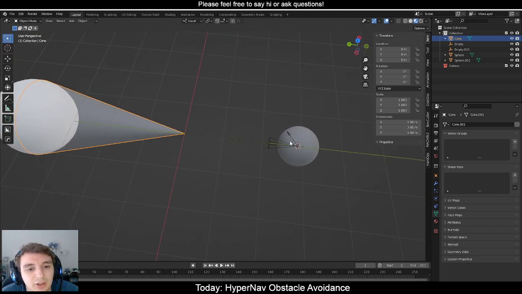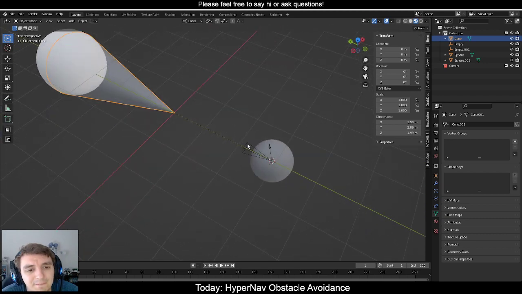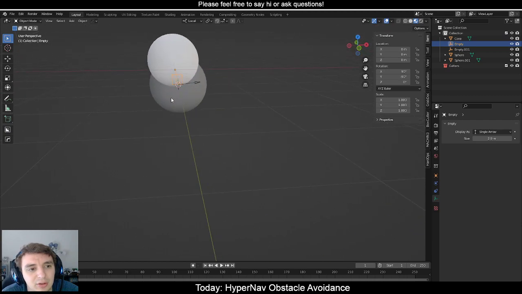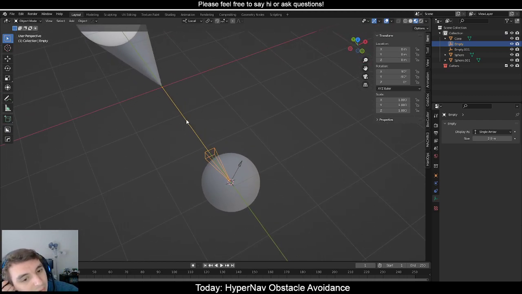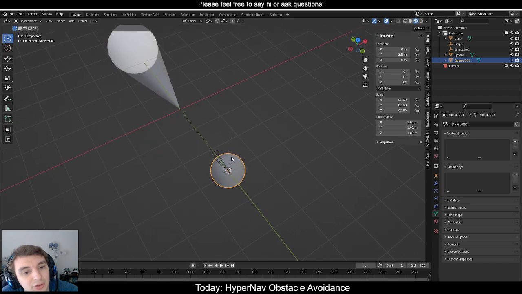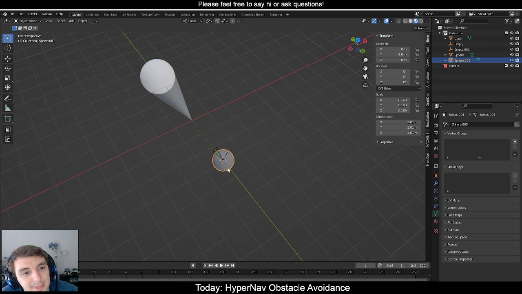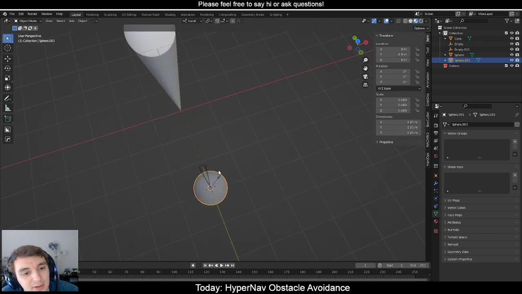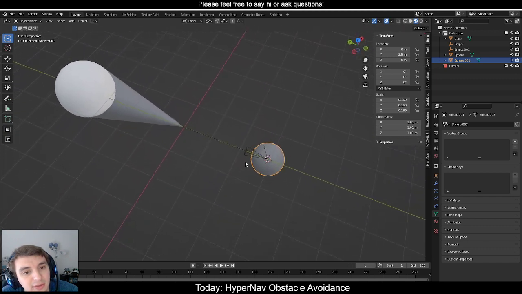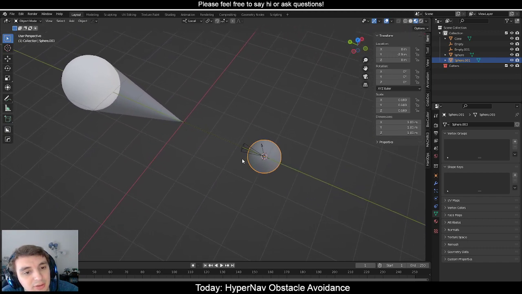Okay, so I have this vector. This is my velocity in the sphere's reference frame. Then this vector, the vector from here to here, is my desired velocity in the sphere's reference frame. It's just seeming like I can't hit the sphere no matter what.